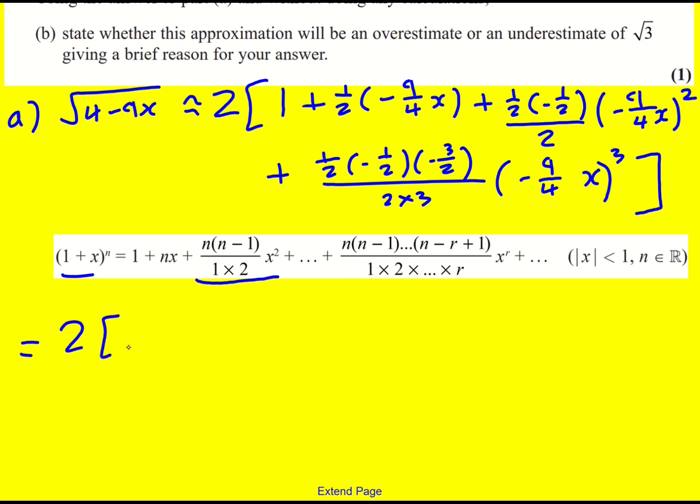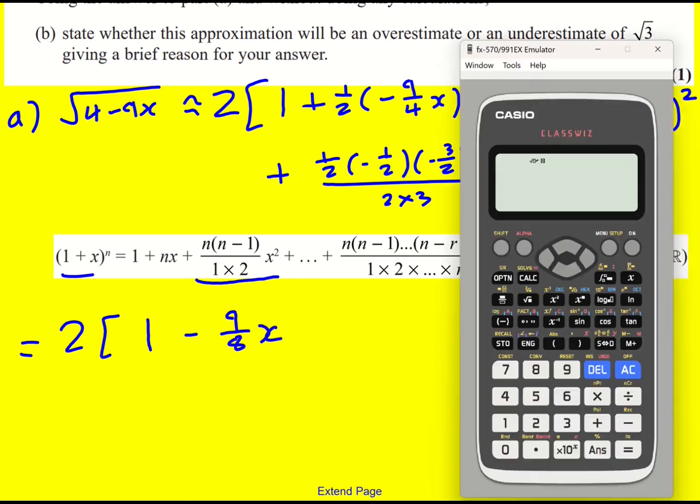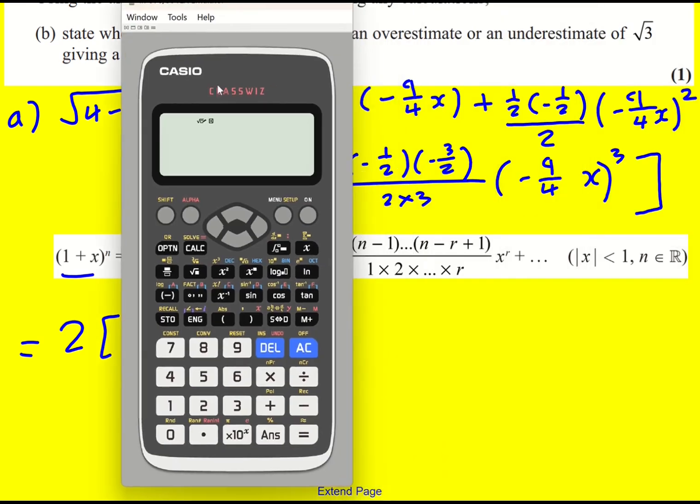We can simplify this, so I'm going to get 1 minus 9 over 8x. Put these in your calculator. I'll do this one, so just take it steady. I'm going to write 0.5 just to speed things up. So 0.5 times minus 0.5 divided by 2 times 9 over 4, minus 9 over 4 squared.